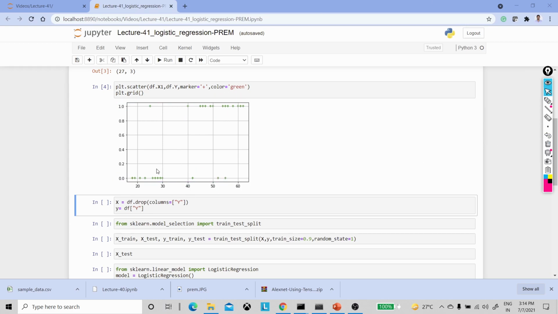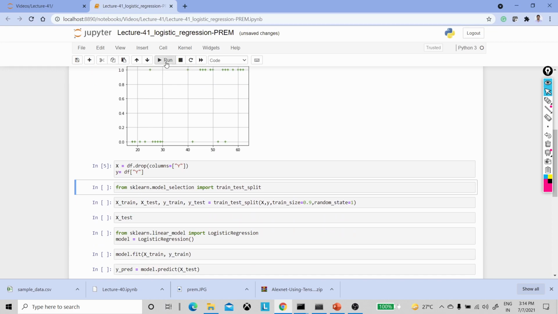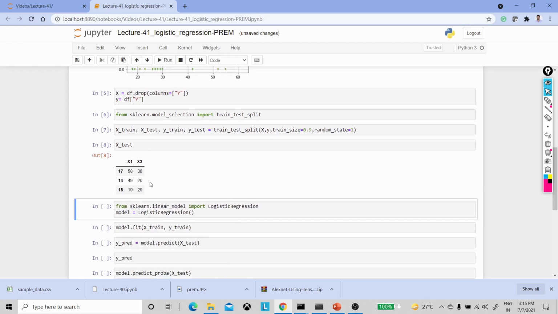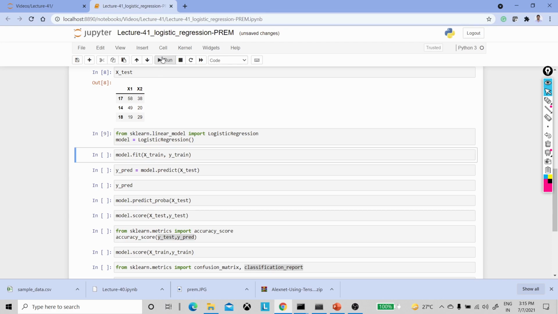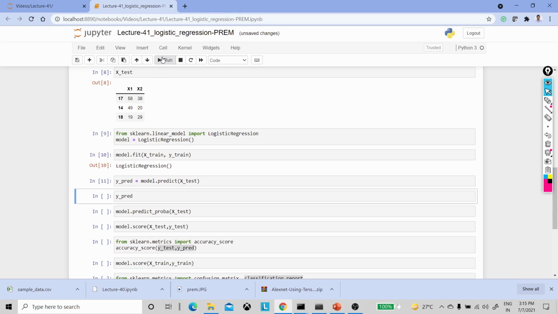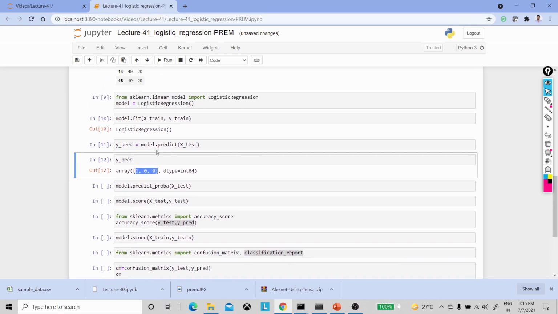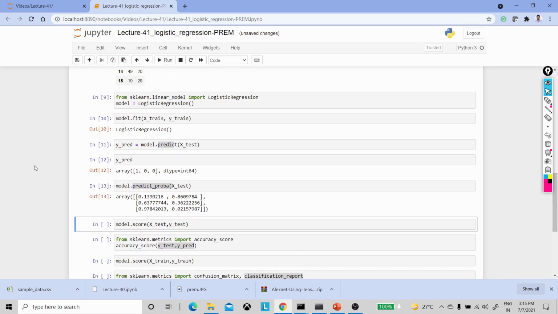Next I'm going to divide my data into x and y, with 90% for training and 10% for testing. Then build the logistic regression model, train the model, and make the prediction. When we apply the predict method we get the predictions, and when we apply predict underscore probability, we get the probability values.